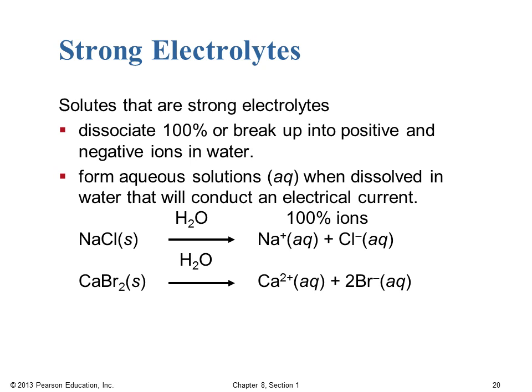In the chemical equation, the physical state starts with an (s) for solid for NaCl and CaBr2. But when it dissolves in water, it becomes aqueous ions. You see the (aq) after the ion is written, and that just means it's aqueous, or dissolved in water.